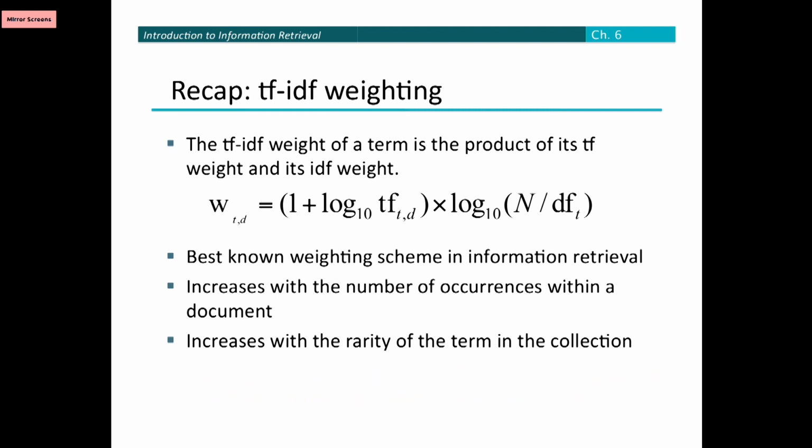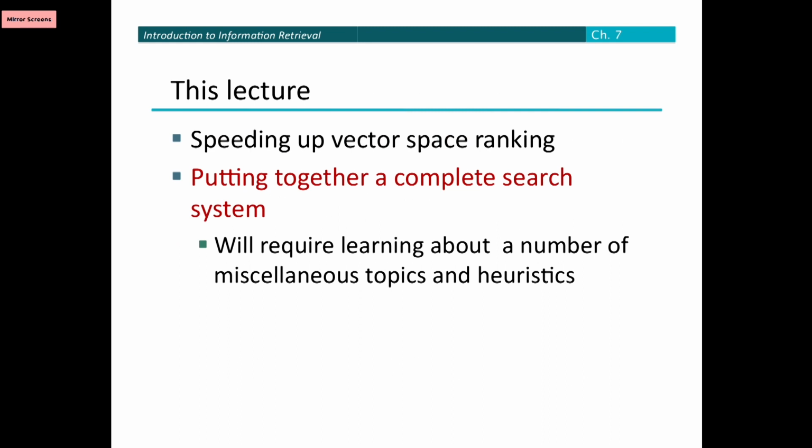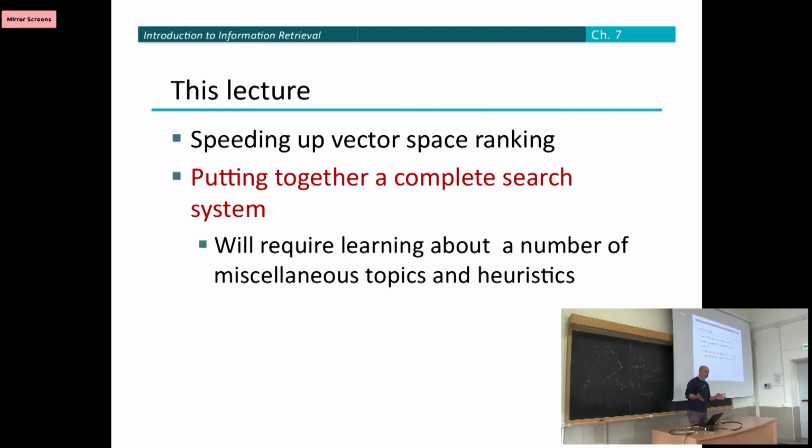I think we already did a recap, so we can skip this. We already did this, and we did this now. We'd like to do a number of things here. I showed you one algorithm to compute cosine similarity.